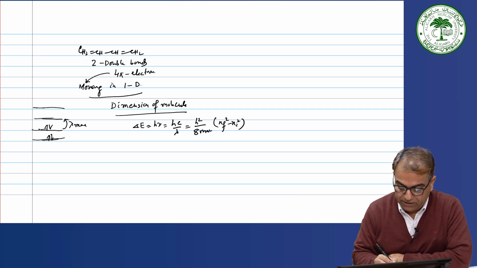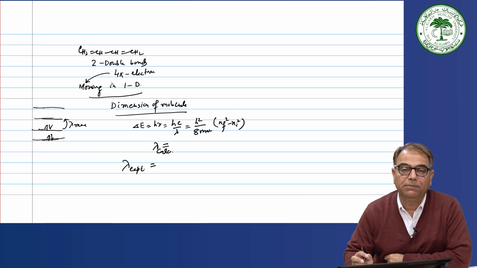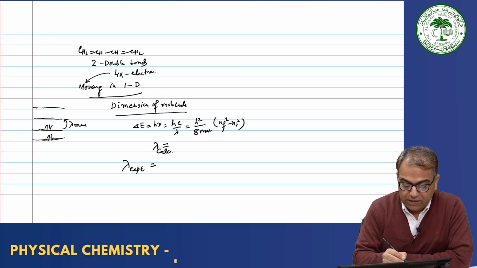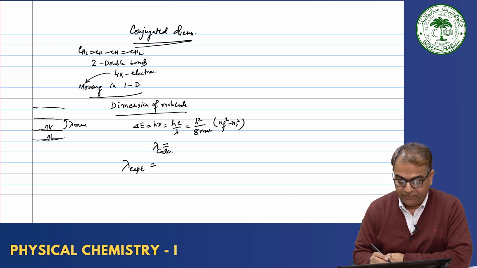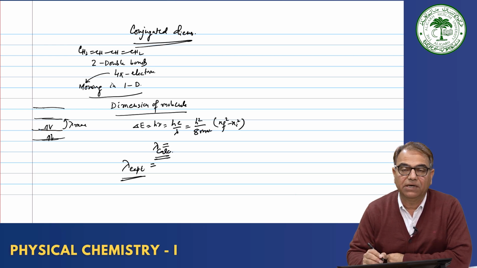So, you can obtain the lambda calculated from this equation, and this lambda calculated can be verified by experimental values also. So, for all conjugated dienes, it is possible to calculate lambda value and to find out what is the experimental value.